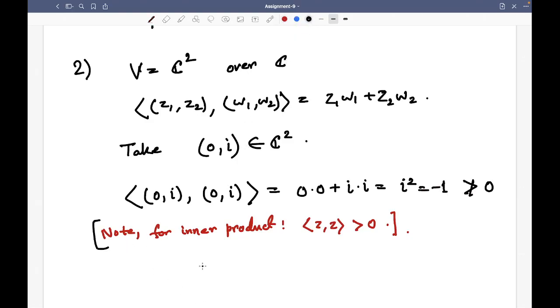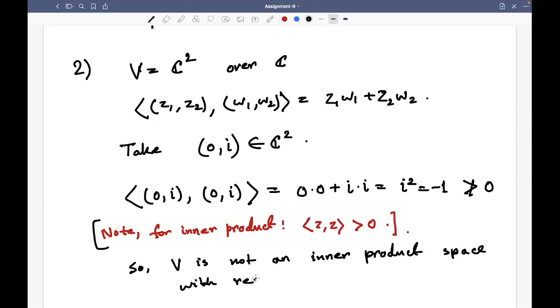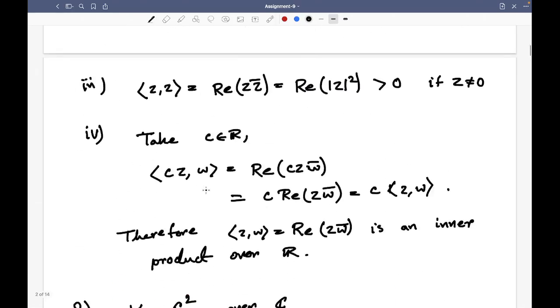So this is not an inner product, and V is not an inner product space with respect to this inner product. Right, so option number 2 is false.